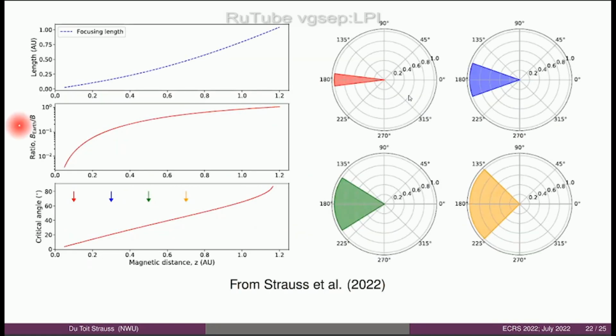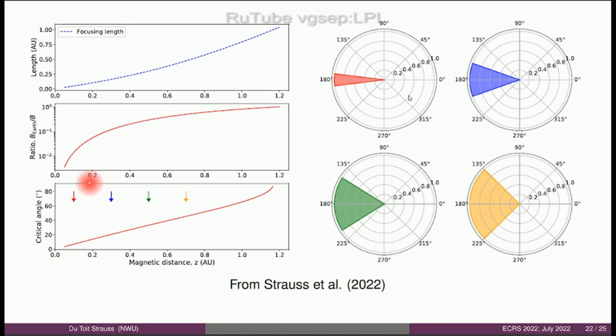If you reverse our models, if you start with an isotropic distribution at Earth, which is at magnetic distance 1.2 AU from the sun, and you evolve this isotropic distribution towards the sun, what will happen to it? Well, we have a very big magnetic field gradient close to the sun, so you will have a mirroring effect, and you'll get a loss cone distribution, and only some particles might make it back to the sun.